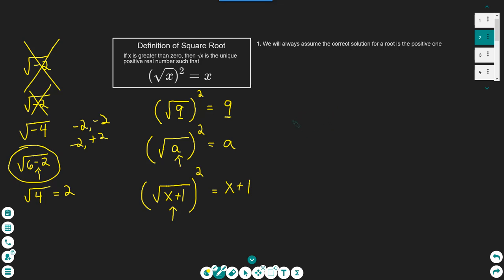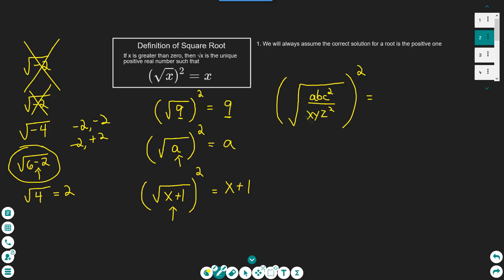So let's try one more. What if we have the square root of ABC squared over XYZ squared? Something kind of nasty like that. If I take this expression and then I square that whole expression, what do I end up with? Again, I'm going to end up with everything inside the square root sign, which in this case is this ugly fraction.